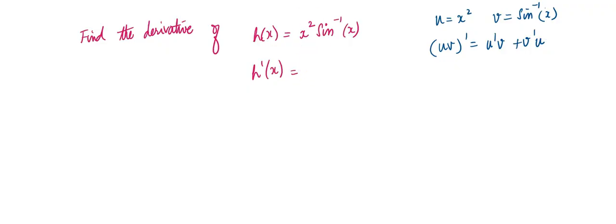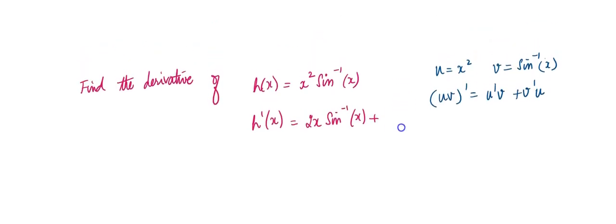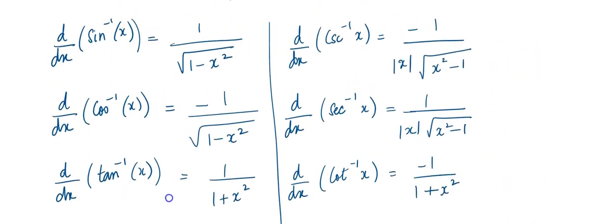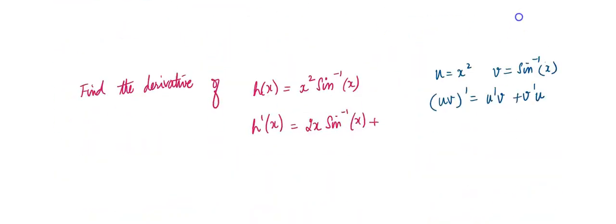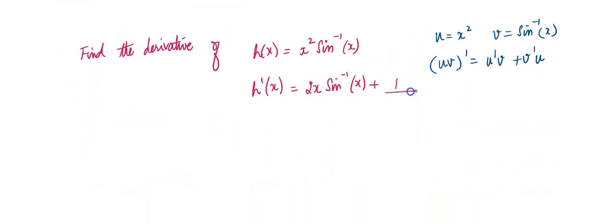I'm just going to insert the answer here, so that's less repetition. u prime is 2x, so u prime v is 2x sine inverse of x, plus v prime. For sine inverse of x, you're trying to find its derivative, so I come over here. The derivative of sine inverse of x is 1 over square root of 1 minus x squared.